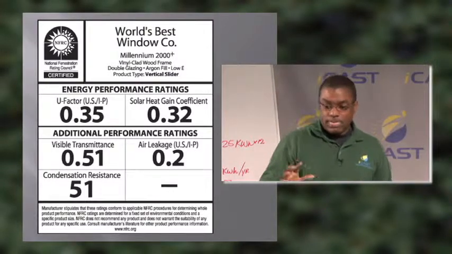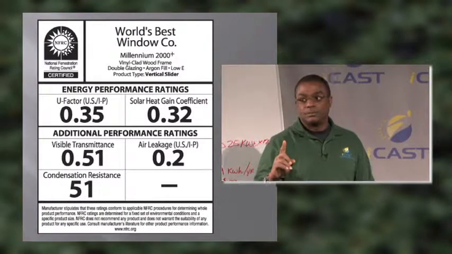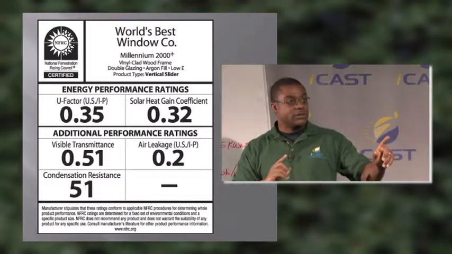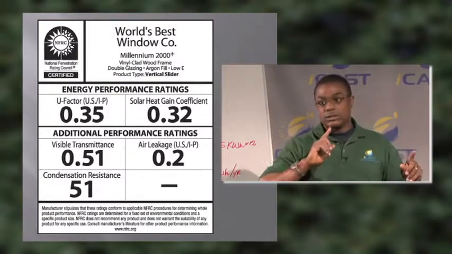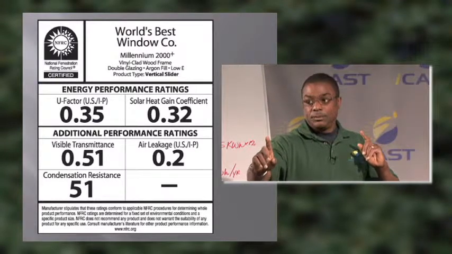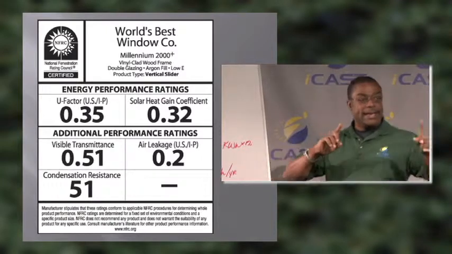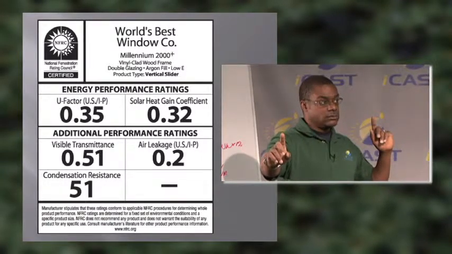Okay? Now, we've already talked about U factor. What is U factor again? It's a measurement of heat transmittance. R factor is resistance to heat transmittance. U factor is heat transmittance, right? Okay? You think of in electrical, an insulator versus a conductor.